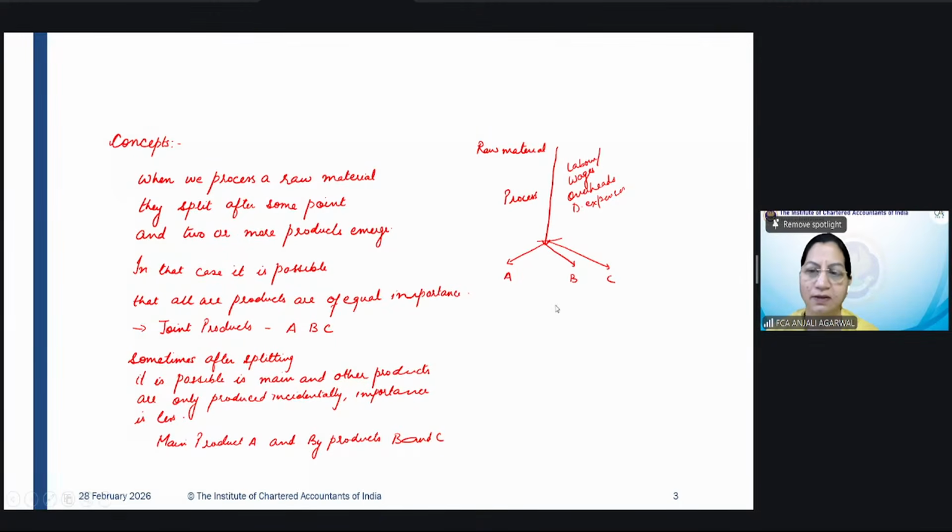And in this process, our concern is how shall we allocate the total cost up to the split off point into different joint products or main product and byproduct.